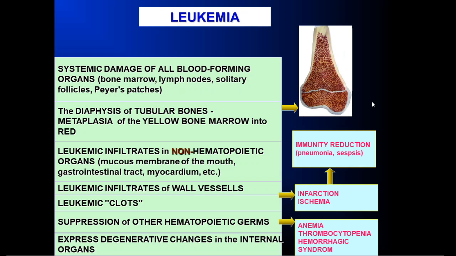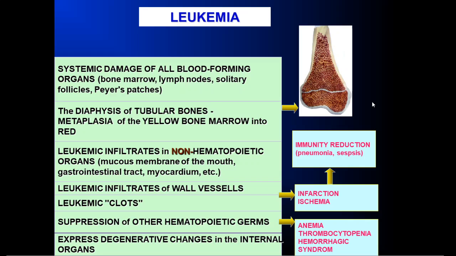So, features of leukemia. I ask you to really memorize these features, because in your MCQ test from topic hemoblastosis, the main basic question is about leukemia and clinical behavior of this tumor, and obviously morphological appearance. So, leukemia.